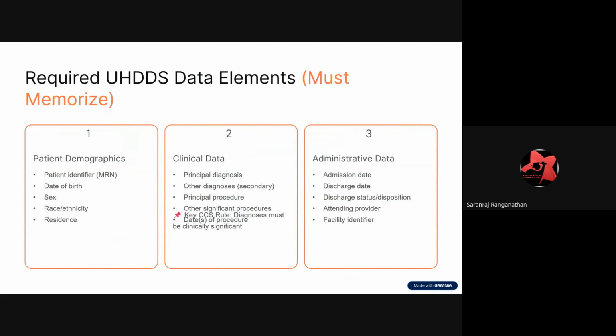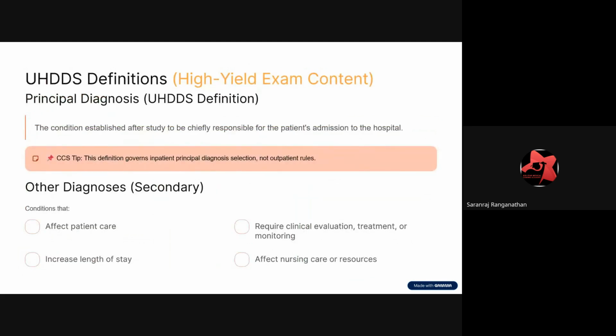Then the definition: conditions that affect patient care, increase the length of stay, require evaluation and treatment or monitoring, and affect nursing care or resources. These are the conditions required for a secondary diagnosis as per the UHDDS. So what is a secondary diagnosis? Principal diagnosis is the condition established after study to be chiefly responsible for the patient's admission to the hospital.